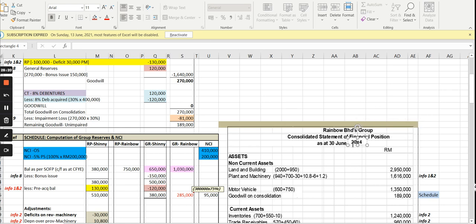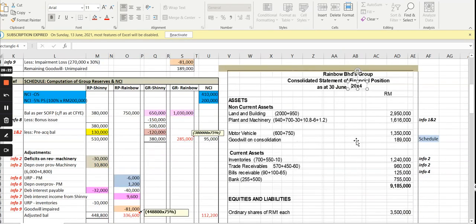Okay, so you can see here the non-current asset, land and building, there are no adjustments. You just need to combine the result of the subsidiary with the result of the parent, right?